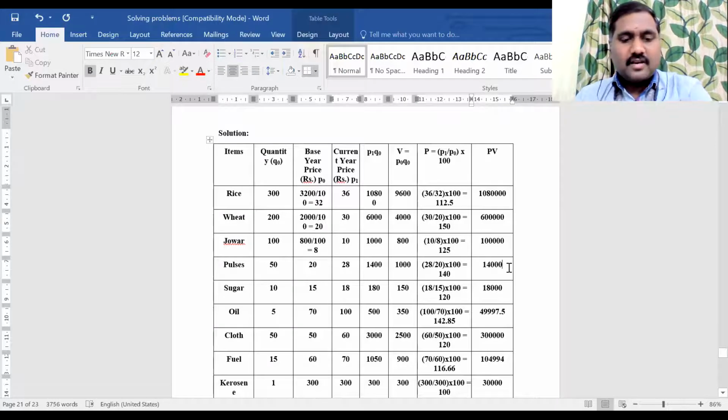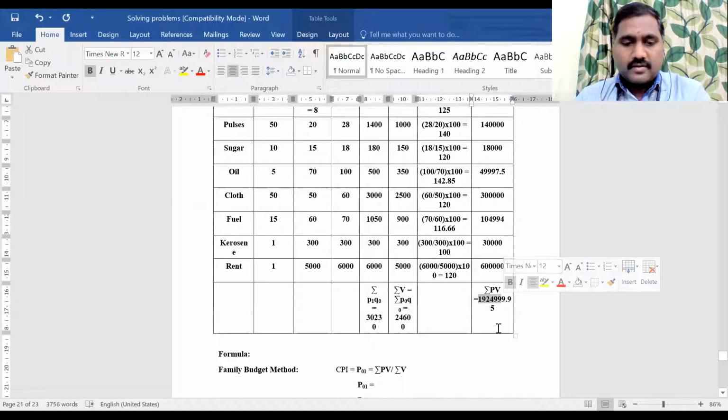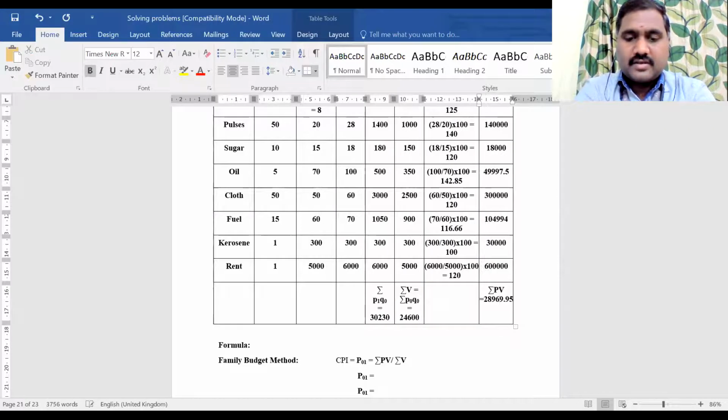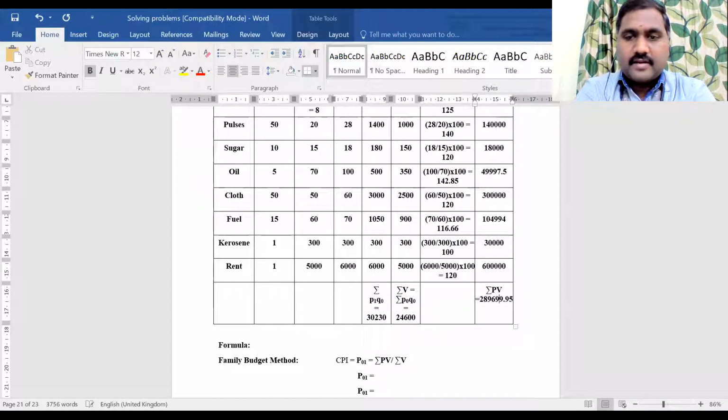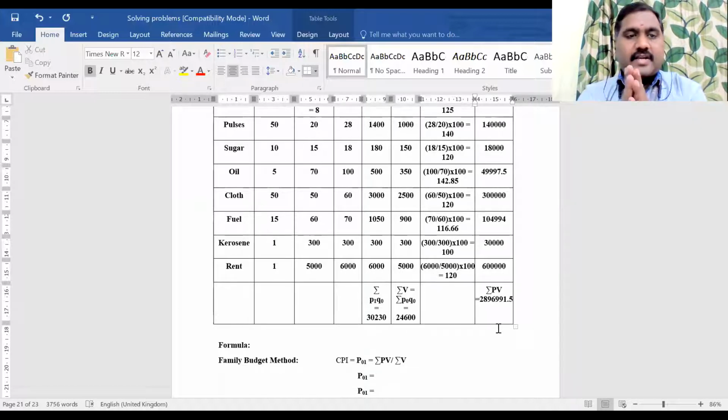Okay, Harish, you calculated the 14. Now see, 1000 into 140, it will be like 1,40,000 only. So then the answer will be, I think, 28 lakh 96,991.5. Now is it correct?